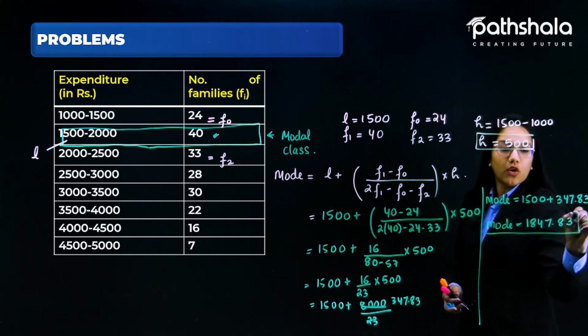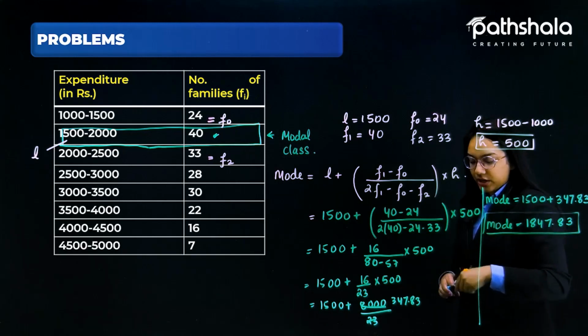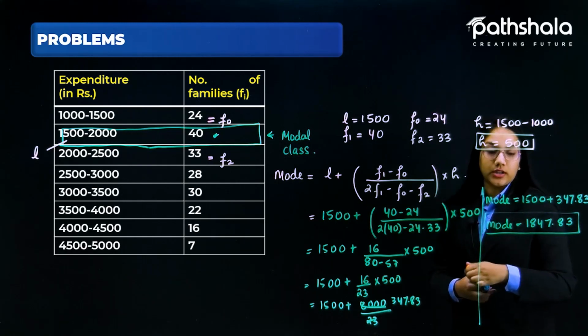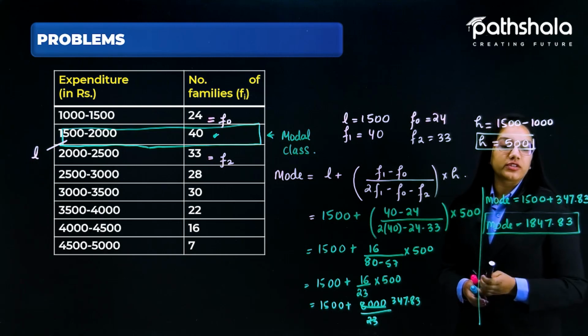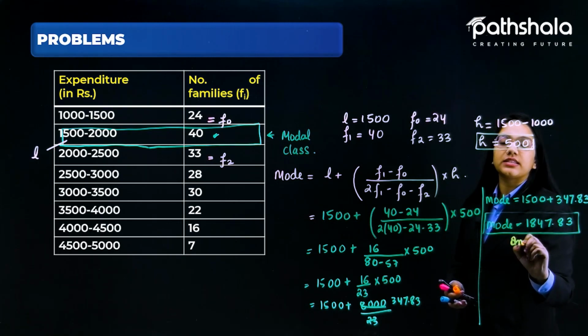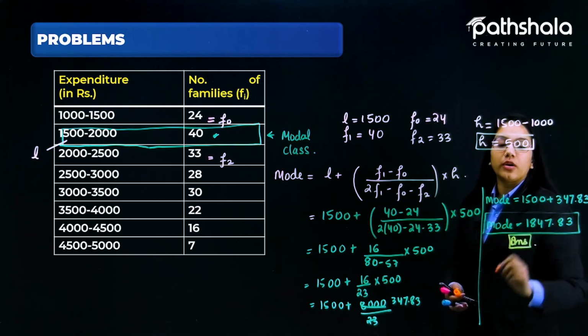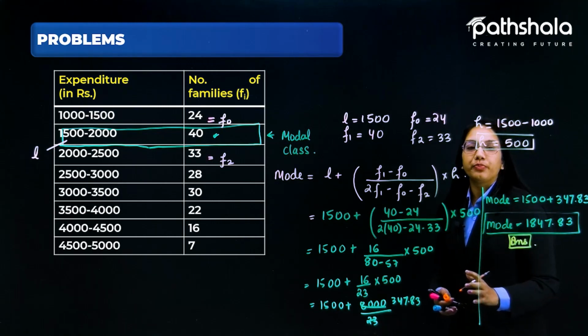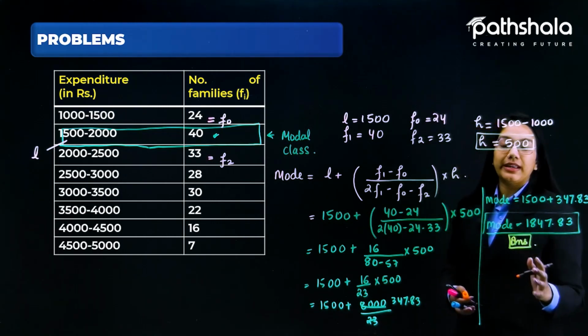So the modal monthly expenditure of the families is equal to 1847.83.